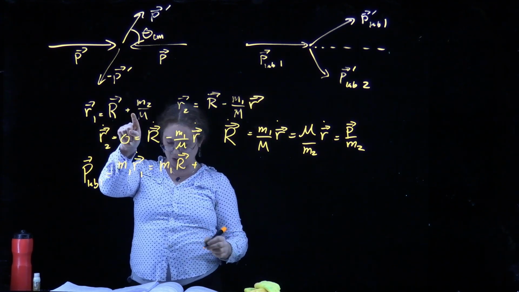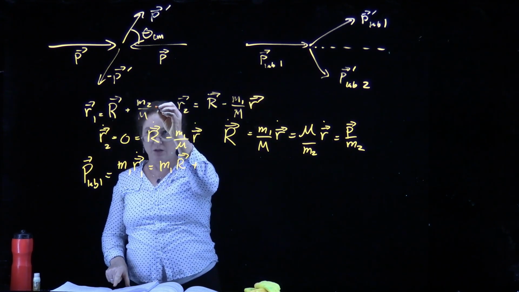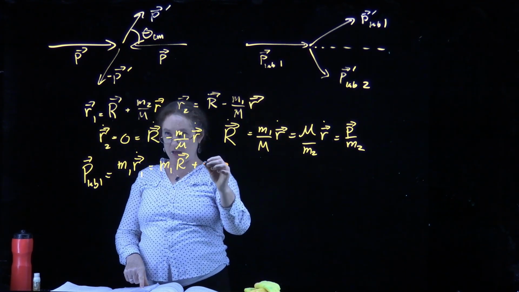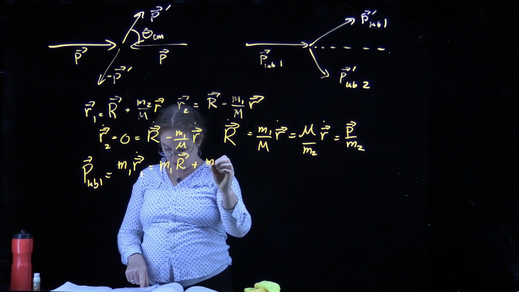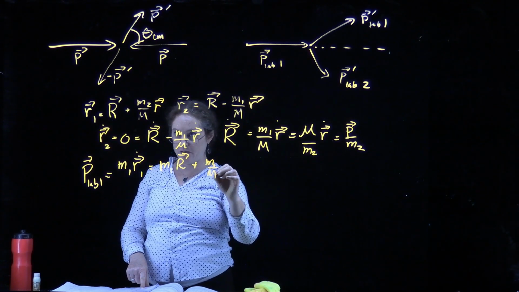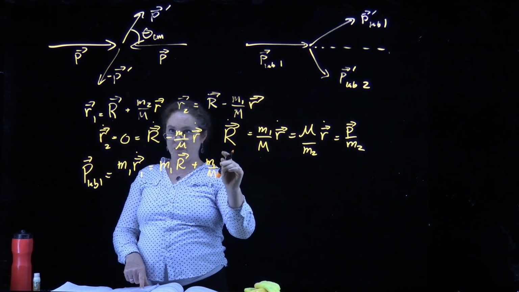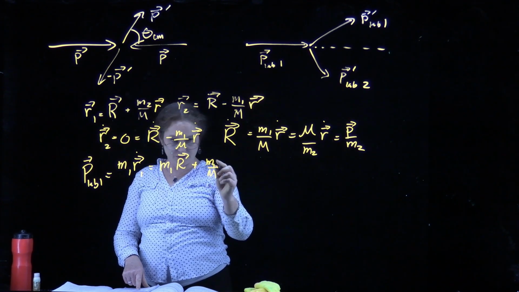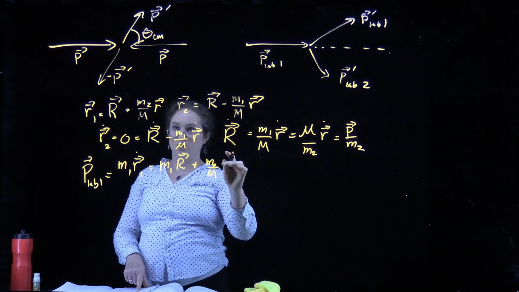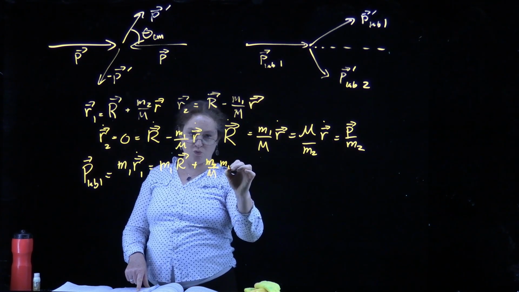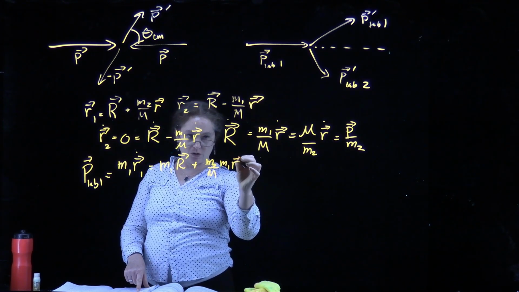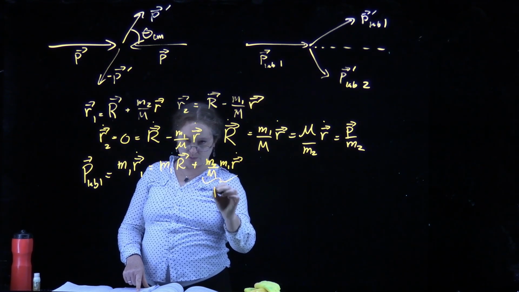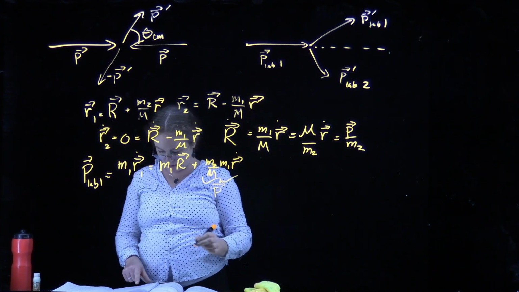Now here, I dropped an R. I have M1 over M, and then I have an M2 over M, and then I have an M1 r dot, but this is just p.